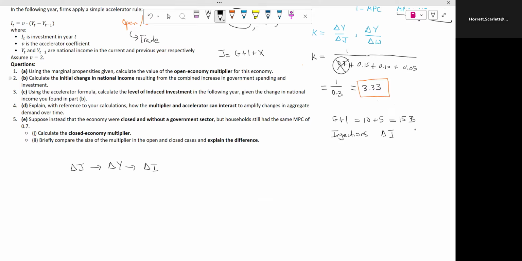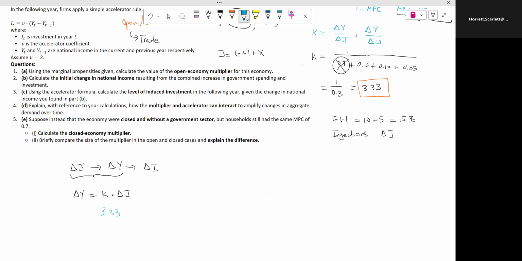Therefore, stemming from this part of the formula, we know that the change in Y is going to be equal to some factor K times the change in injections. Well, we know what K is. K is 3.33.